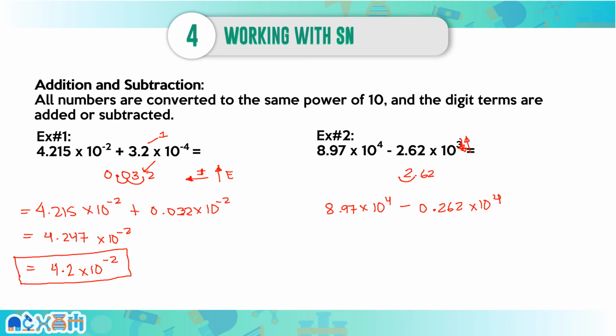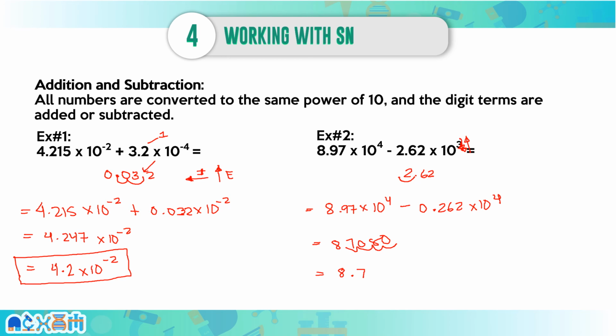I can now subtract them as per process. This will give me a value of 87080. I need it to be times 10 to the 4, which means if this is the decimal here, 1, 2, 3, 4, that I'm now going to have a value of 8.7.